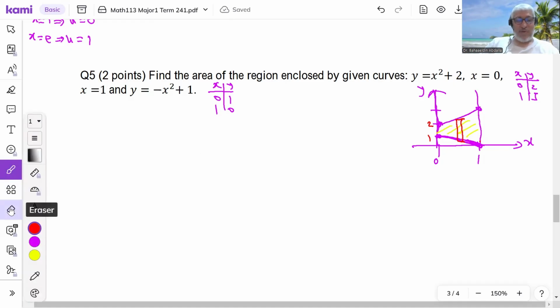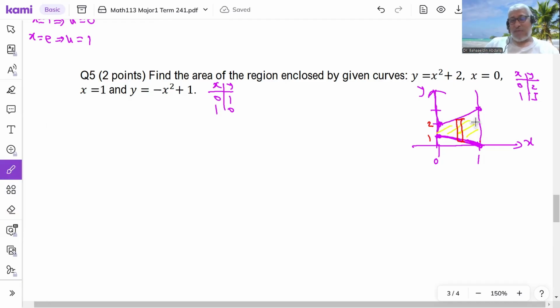While if I use just a vertical rectangle, and move this vertical rectangle anywhere, always this curve, which is y equals x squared plus 2, is above the other curve, which is negative x squared plus 1.